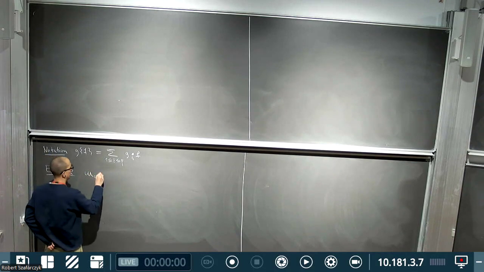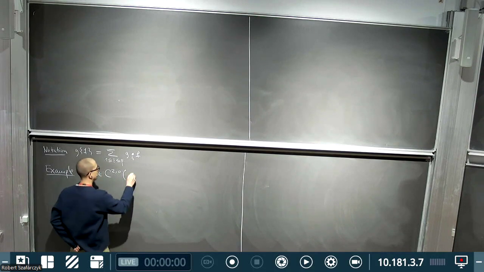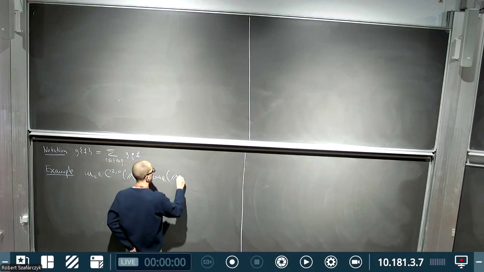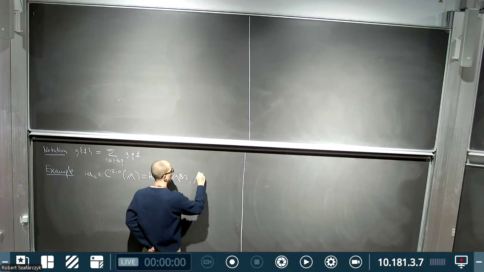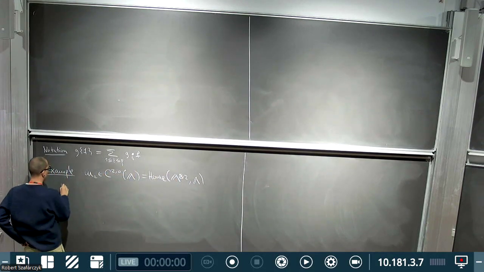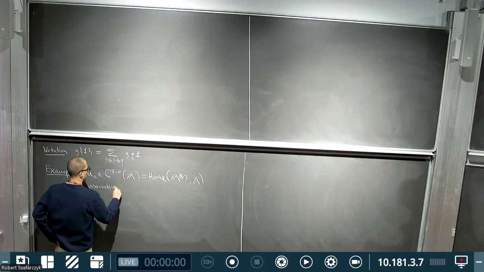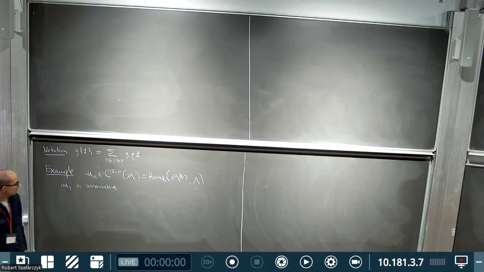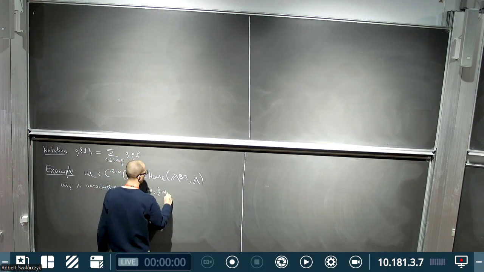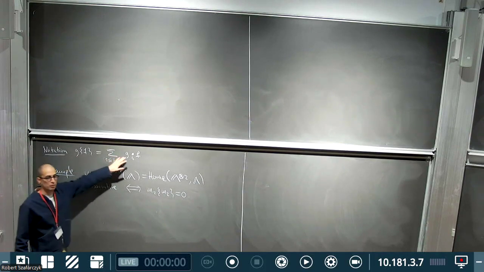One can verify, for example, that if I have an operation m2 of degree 0, so a binary operation of degree 0, then m2 is an associative multiplication if and only if m2 braced with m2 equals 0. You see here the brace operation, I just take the sum.